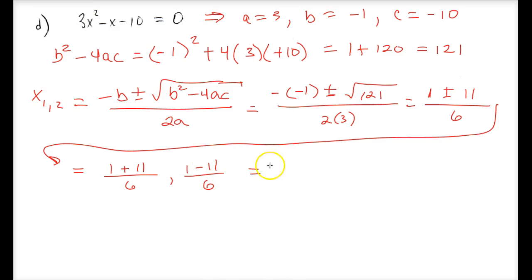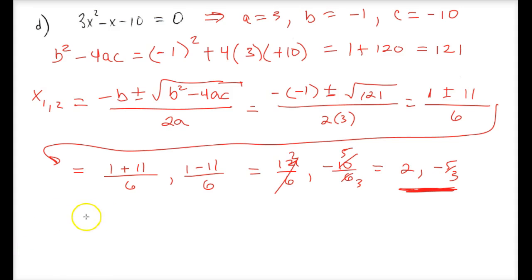Of course, 1 plus 11 is 12, and 1 minus 11 is negative 10. The first simplifies to 2. And 10 and 6 both have a common factor of 2, so 2 goes into 10 five times and 2 goes into 6 three times. And so these are our two answers here.